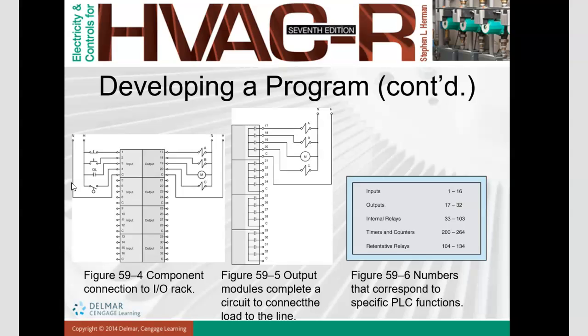Okay, this is an example of a controller that has I/O, input output, of 32. Okay, as you can see, number 1, 2, 3, 4, and then we have a common, 5, 6, 7, 8, 9, and then we have common 10 until 12, common, 13 until 16, and common, this is all input.